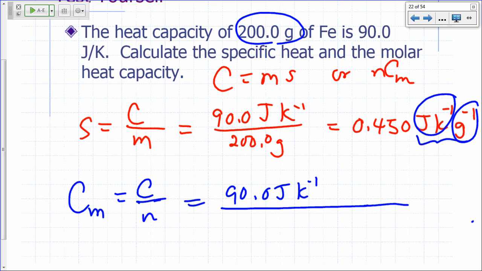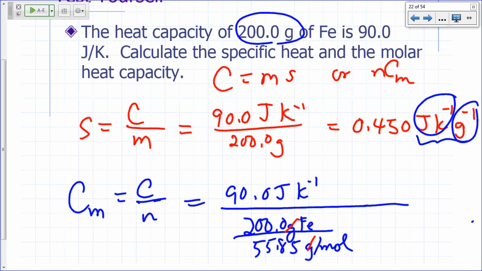What information do you need to change grams to moles? Molar mass. For 200 grams of iron, what's the molar mass of iron? 55.85 grams per mole. So grams cancel out.